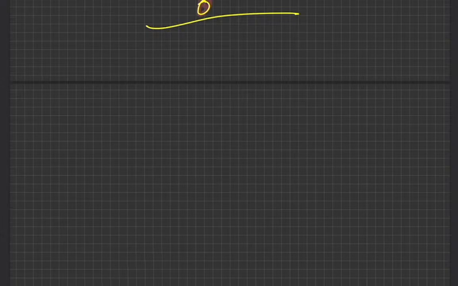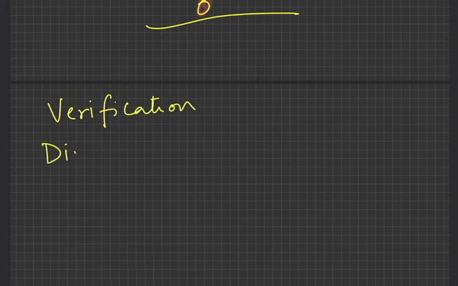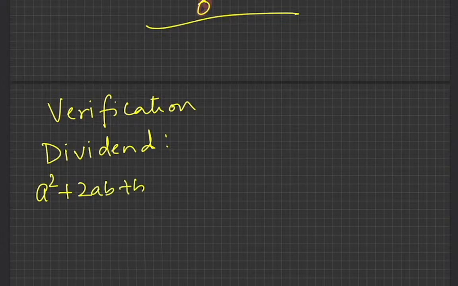Now, the verification step. So my dividend is a very easy, very popular algebraic identity, that is a squared plus 2ab plus b squared.